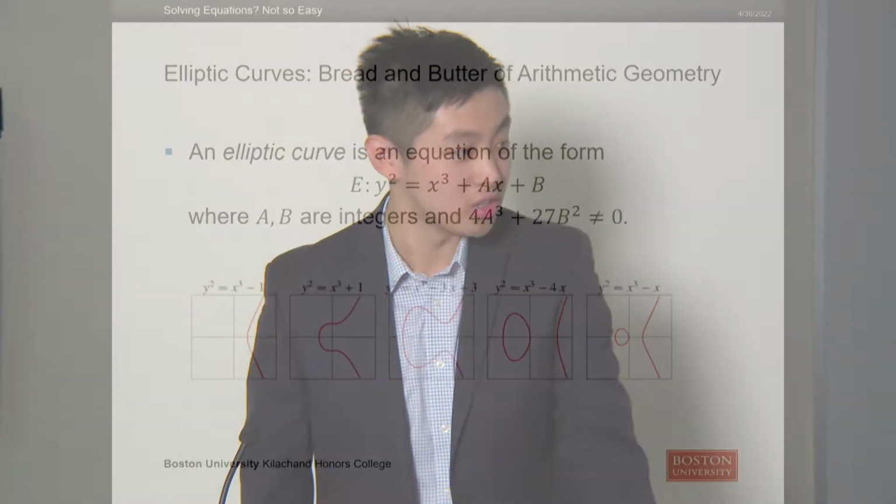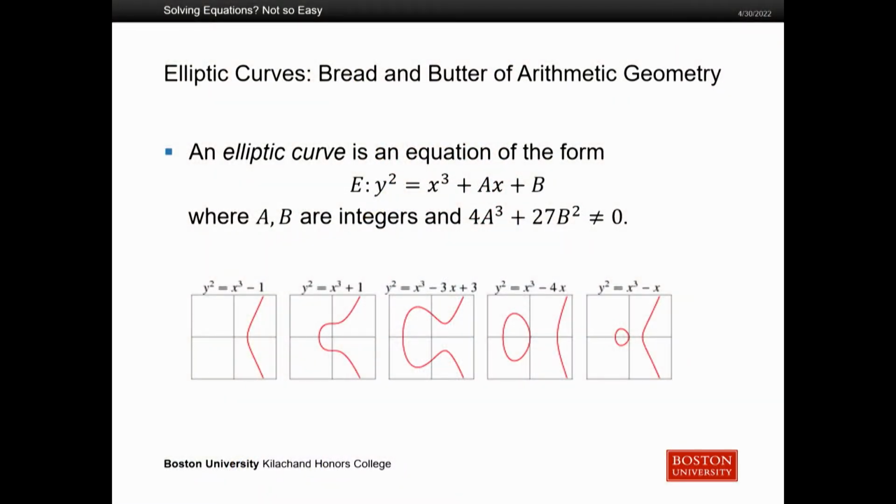But the story of this field is that once you make the equation more complicated, it becomes much harder to find rational points. So what I study is something called an elliptic curve, which we'll just define as an equation of the form y squared equals x cubed plus ax plus b, where a and b are integers, and 4a cubed plus 27b squared is not equal to 0.